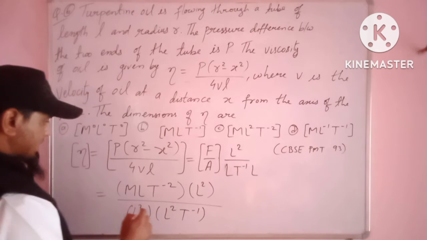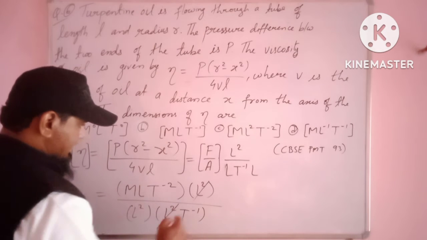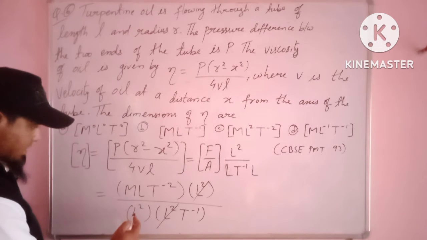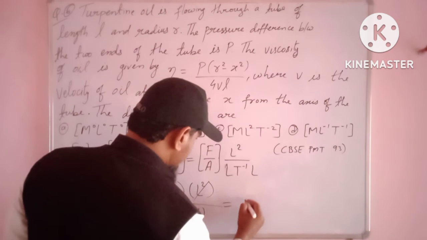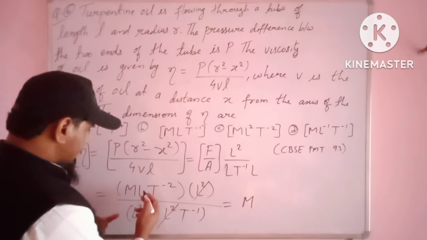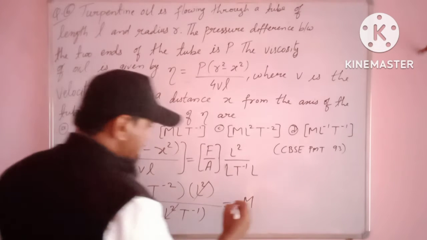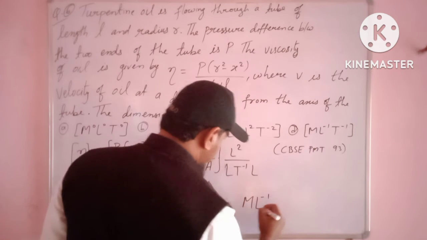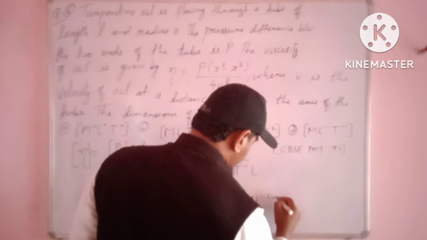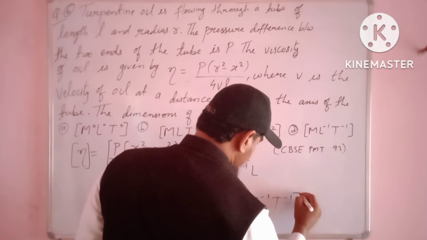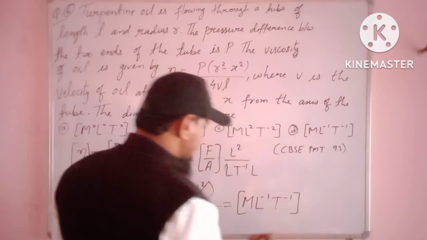Now 1 L square will get cancelled, 1 T will get cancelled, L becomes minus 1. So what are the dimensions left? M, L is 1 minus 2, that is minus 1. So L power is minus 1 and T power is minus 1, ML minus 1 T power minus 1.